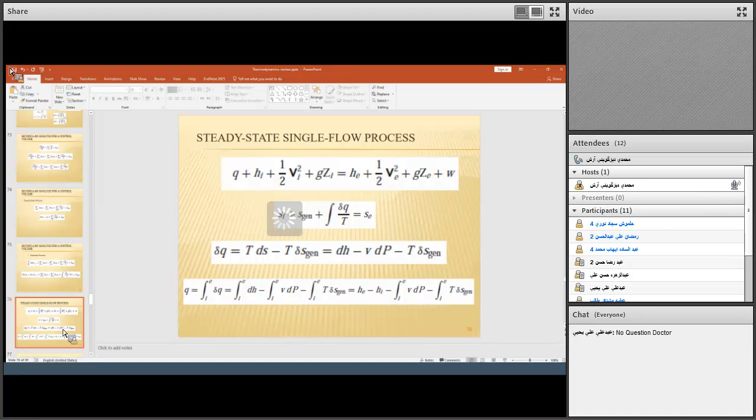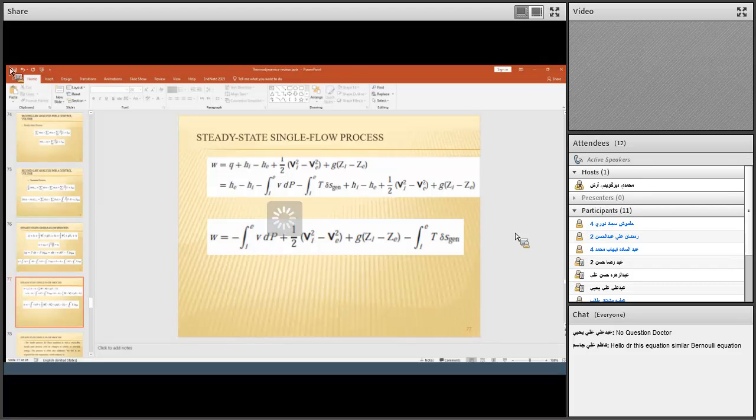So if we compute Q from the above equation between inlet and exit, Q equals the integral of differential of H minus specific volume times differential of P between state I and E, inlet and exit, minus temperature times differential of entropy generation, which equals enthalpy at exit minus enthalpy at inlet minus the integral of specific volume times differential P between state I and E minus T times differential entropy generation between state I and E.